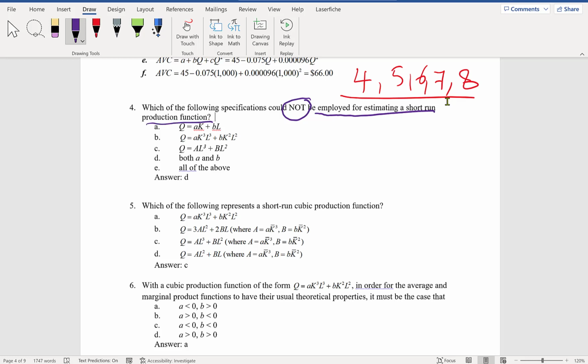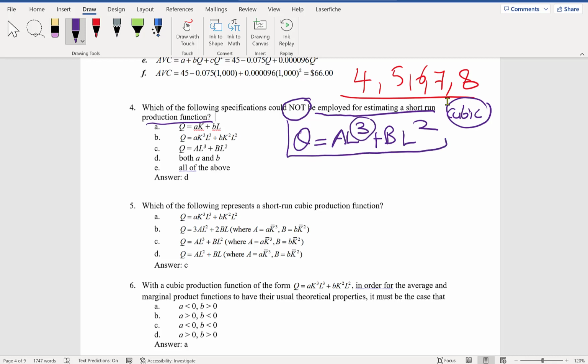So first of all, a short-run production function needs to only depend on labor. Labor is the only variable input, and we focus on cubic production function, right? Cubic form, that means up to third power. We are used to seeing these kinds of production functions, third power, right?